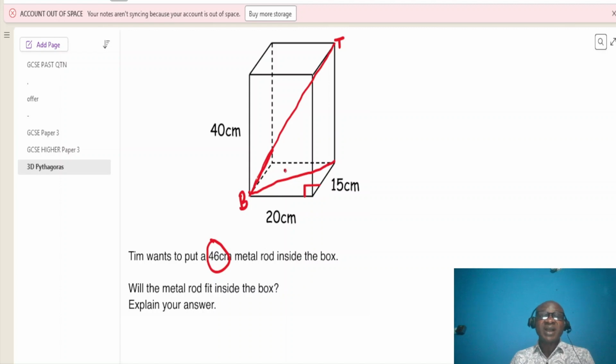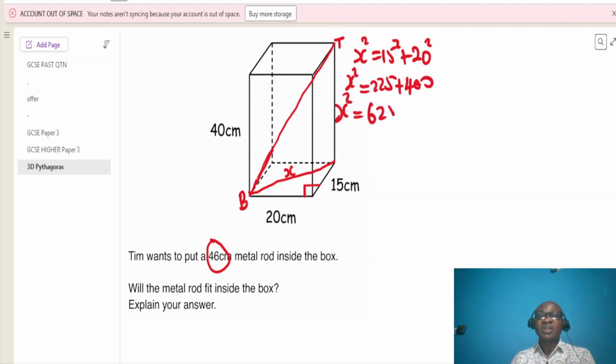In this right angle, I can now find the hypotenuse using Pythagoras theorem: x squared is equal to 15 squared plus 20 squared, which means x squared is 225 plus 400, which means x squared now is 625, and the value of x will now be the square root of 625, which is 25 cm. All right, I have gotten the length of x.